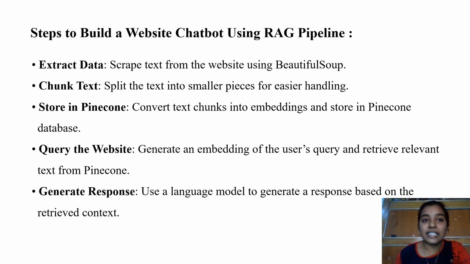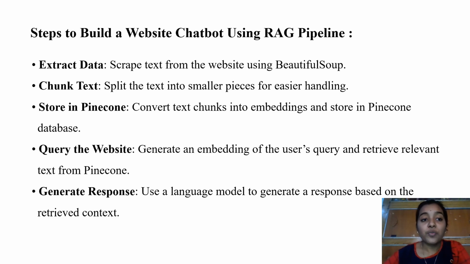The extracted text is then chunked into smaller pieces, which are stored as embeddings in a Pinecone vector database for efficient retrieval. When a user queries the website, the query is converted into an embedding and relevant text chunks are retrieved from Pinecone.